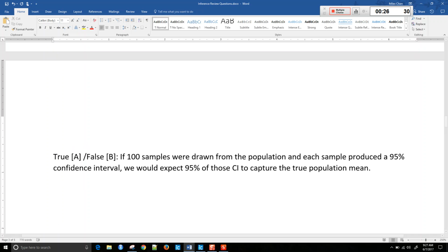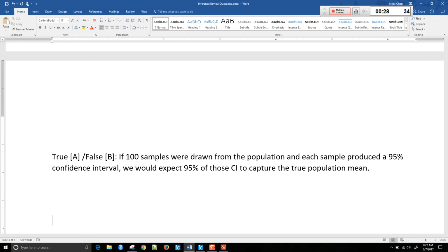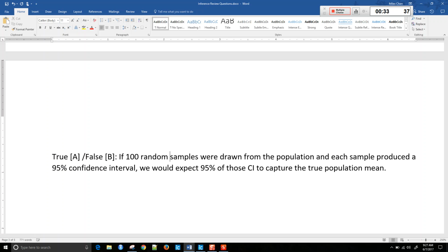If 100 samples were drawn from the population, I should say 100 random samples, and each sample produced a 95% confidence interval, we would expect 95% of those confidence intervals to capture the true population mean.